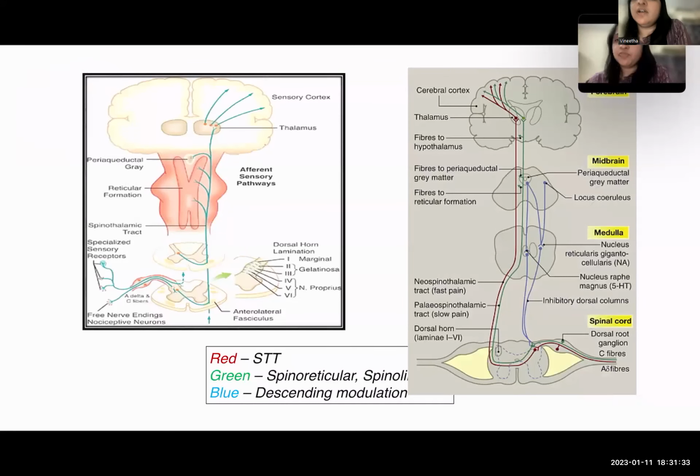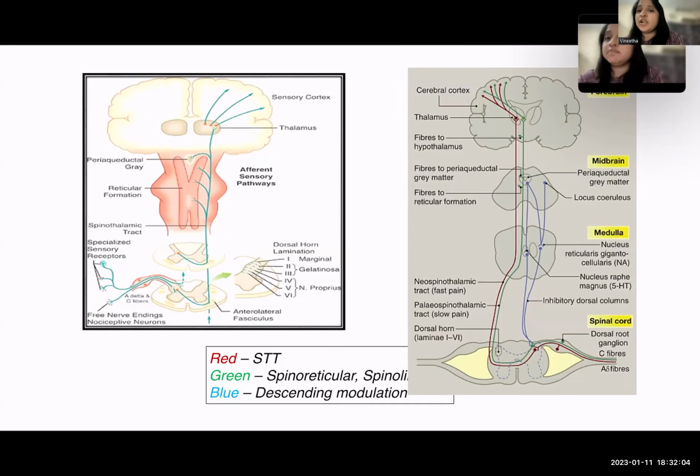In the first figure, the one marked in blue is the spinothalamic tract that everyone knows. The spinothalamic tract is a lateral pain pathway, the major pathway that carries pain. But what is important to remember, if you look at the second picture on the right side of the screen, the one marked in red is the spinothalamic tract, but this is not the only ascending tract.